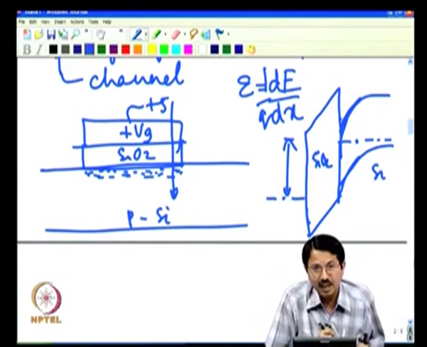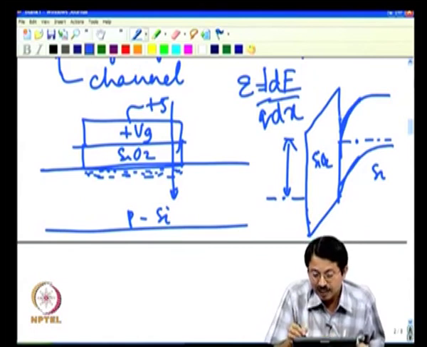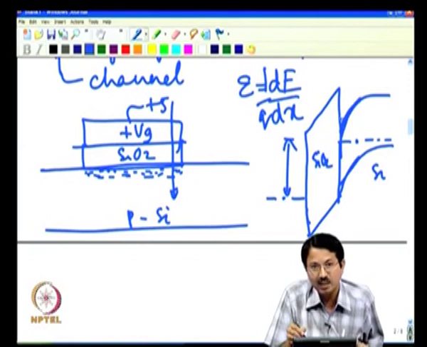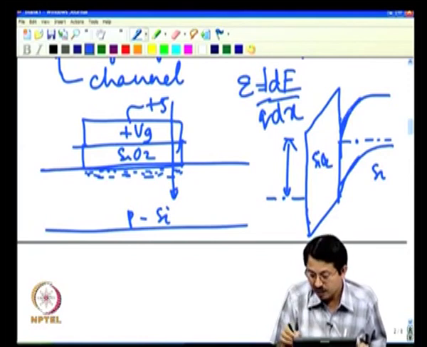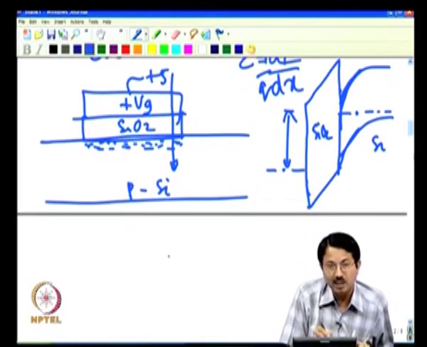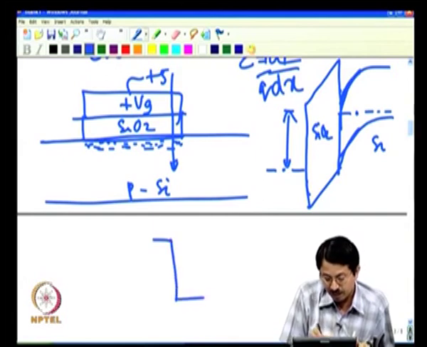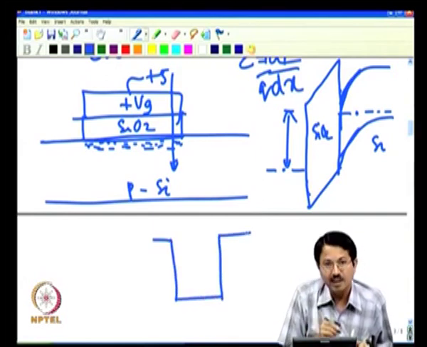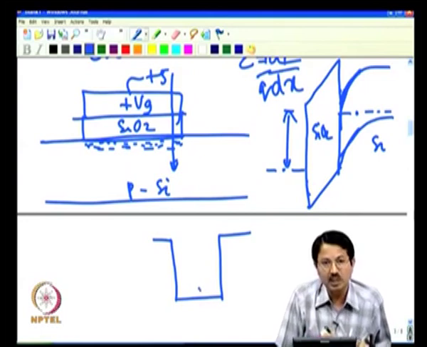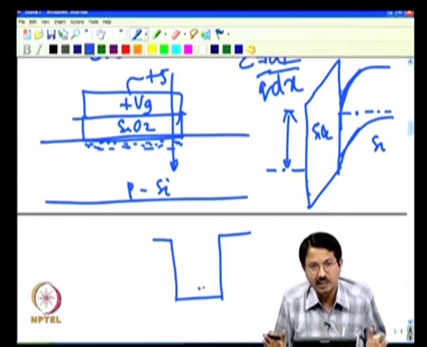Now, something interesting happens, and that is the electrons which are here, they almost look like a particle in a box, right. In other words, what we mean by particle in a box is that if we have a potential well and if you put electrons in a potential well, this electron cannot take any arbitrary energy, right.